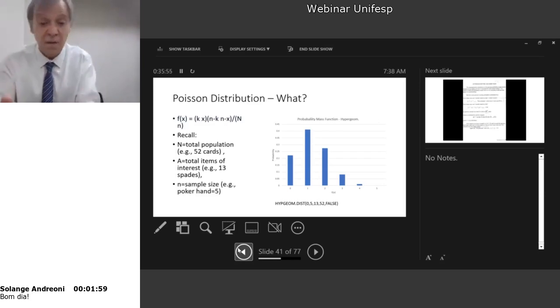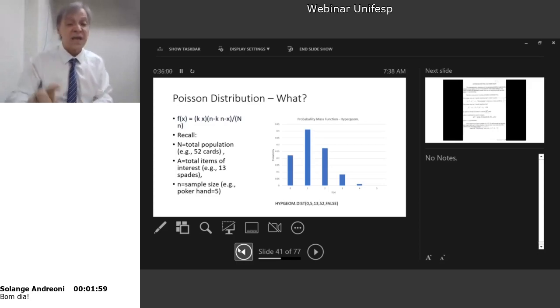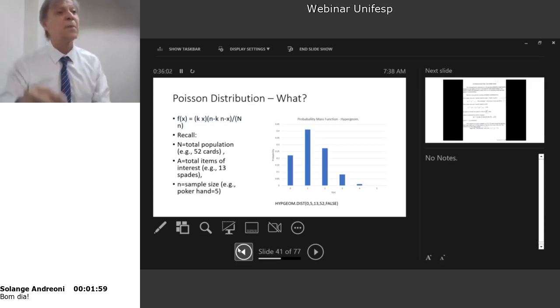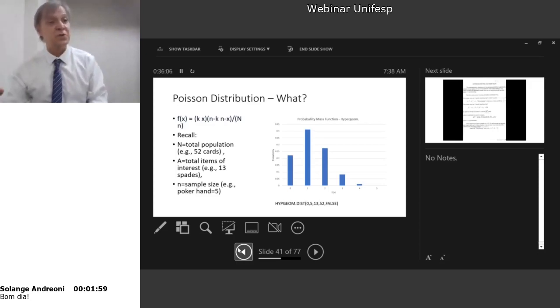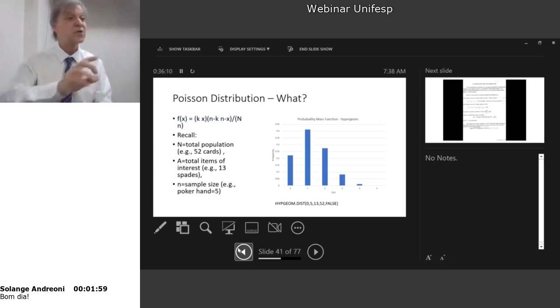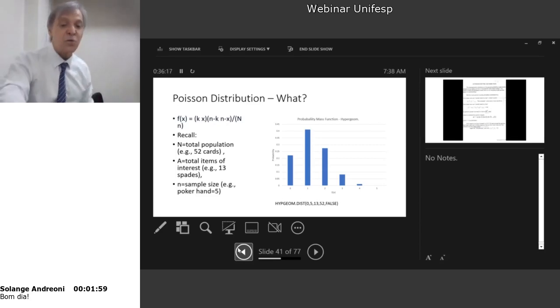300 in a city, a little town, 52 cards, that's the maximum. And if I type false, it's going to give you the probability density function, or PMF, probability mass function, of the hypergeometric. If I say true instead of false, it's going to give you the cumulative distribution, which is a little different. Let's say I have written here 3, 5, 13, 52 in Excel.